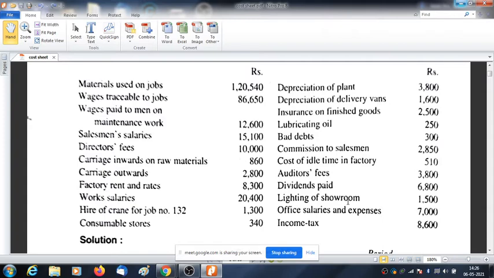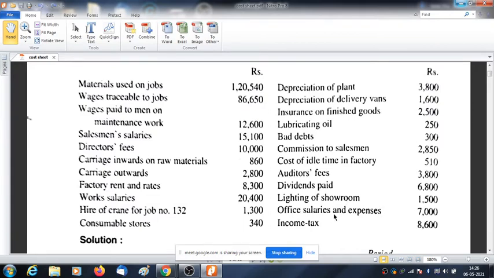For selling the finished product, you go to various showrooms, isn't it? Say showroom of Godrej, showroom of Nokia, showroom of Samsung, and lighting expense is there. It will be under selling and distribution because lighting is required to decorate your showroom so that you can sell the product.